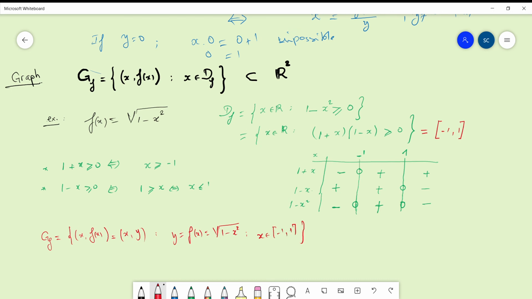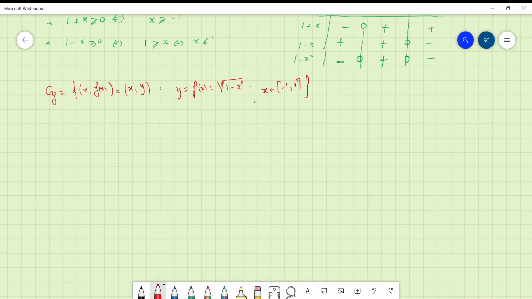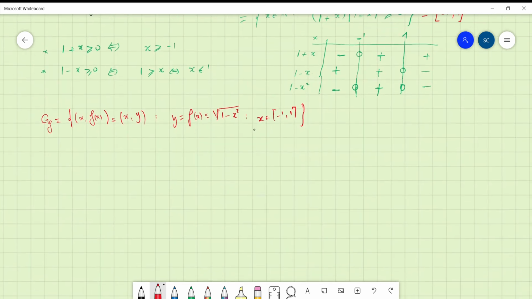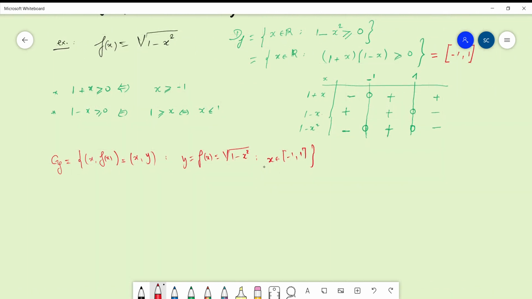We know the domain now. We said we don't know how to study such functions, but you will see it's a particular function. Remember the technique we are going to use each time you have a square root of something like that. Let's look at this relationship, with x between minus 1 and 1.